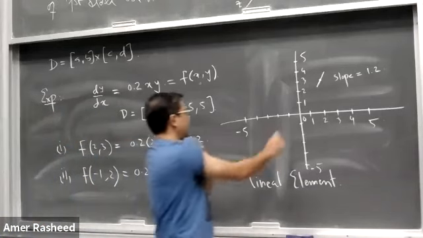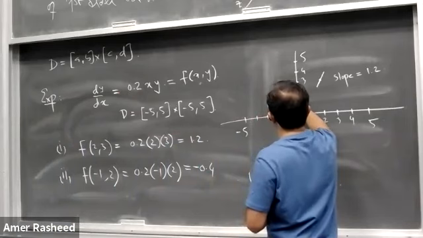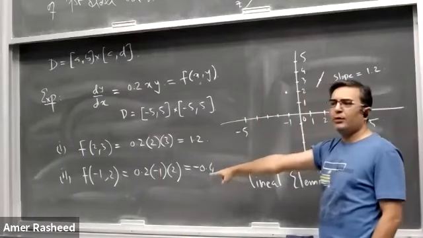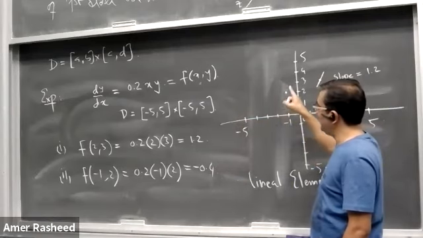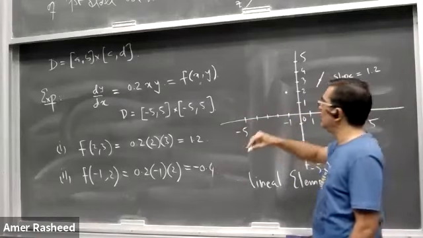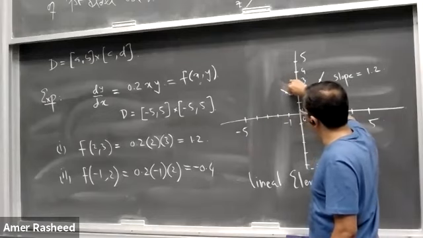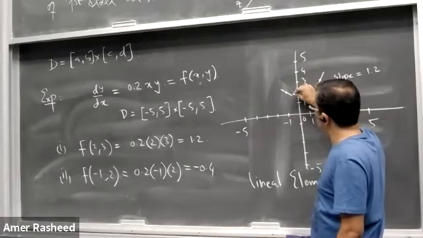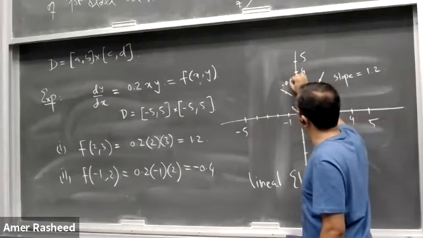So at this point, -1, 2, this is your point, and the slope at this point is negative 0.4. So it should be like this one, maybe. So the slope here is negative 0.4.